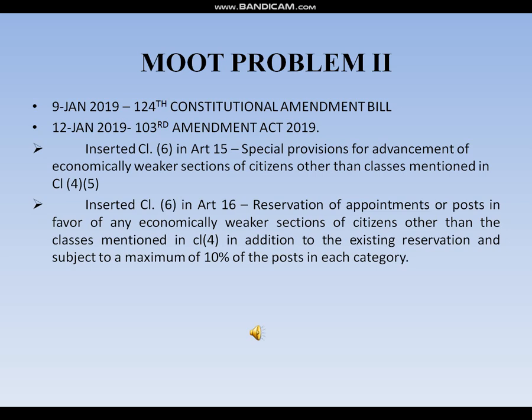Clause 4 had made a mention with regard to backward classes of citizens, if you remember. Now, other than them, again, there is a new class, that is economically weaker sections of the citizens. So here that reservation has been done, that change or that amendment has been done by this particular Amendment Act.